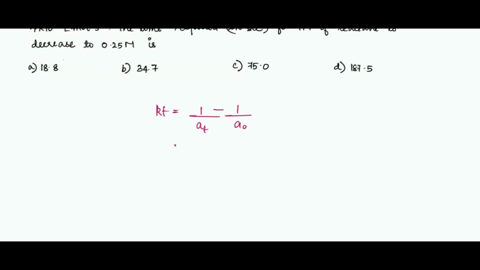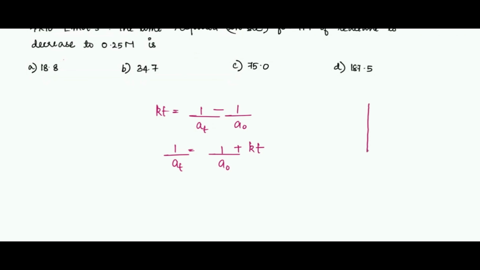Or if I rearrange this, 1 by At is equal to 1 by A0 plus Kt, we can write. Correct? So here, instead of At they have put capital T, that is all.